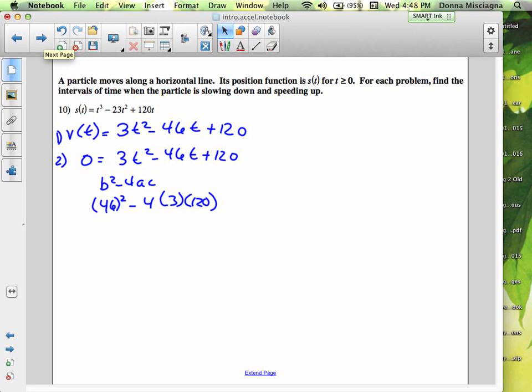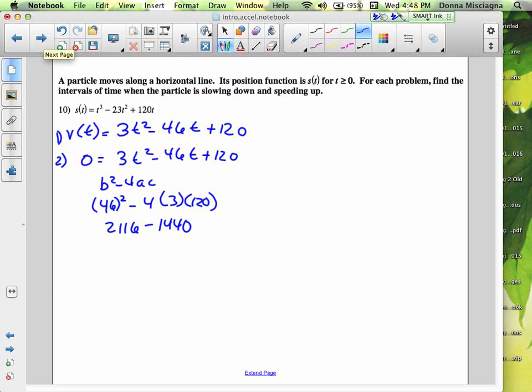So 46 squared, 2,116. Minus 12 times 120. That'd be like 12 times 12 times 10, so that'd be 144 with a 0.